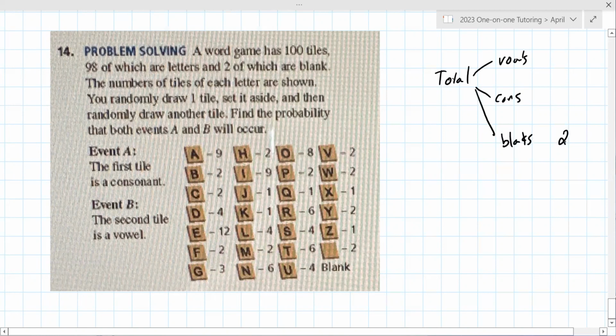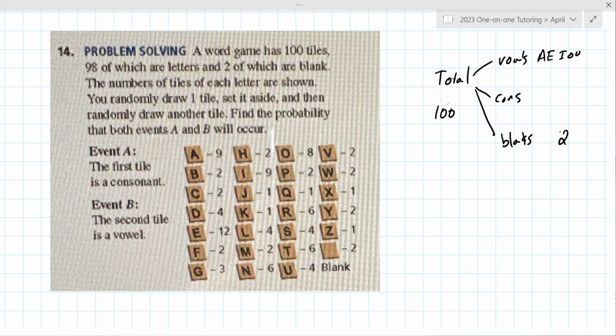Okay, there's 2 blanks. So what I propose, because we know the total is 100, is we add up the number of vowels, A, E, I, O, U, and then the number of blanks and subtract from 100, rather than adding up all the consonants. Do you agree that that will work? Are you okay with that?